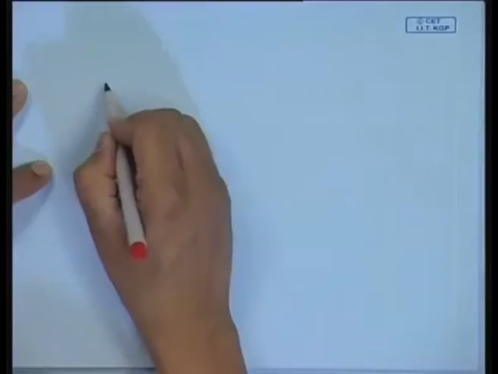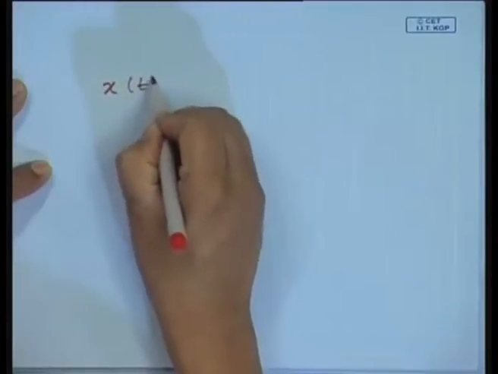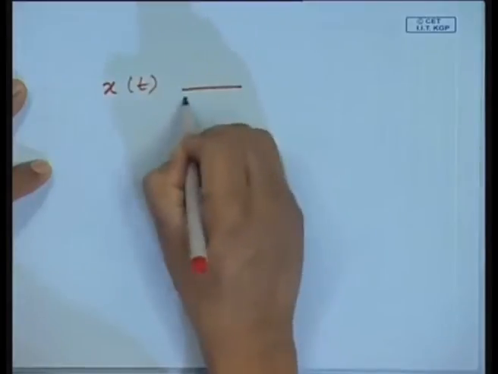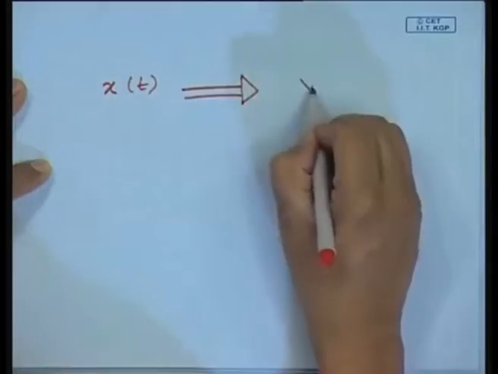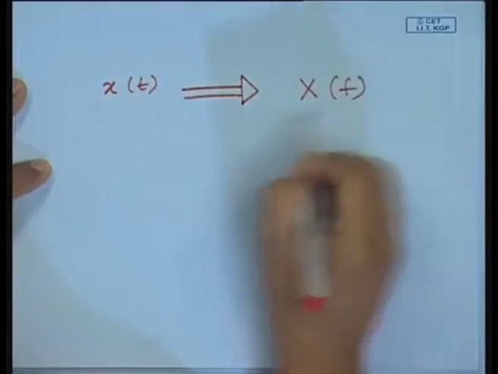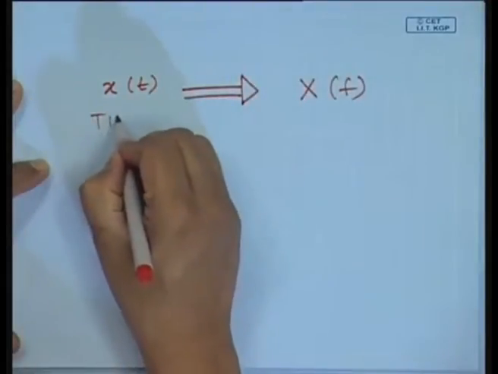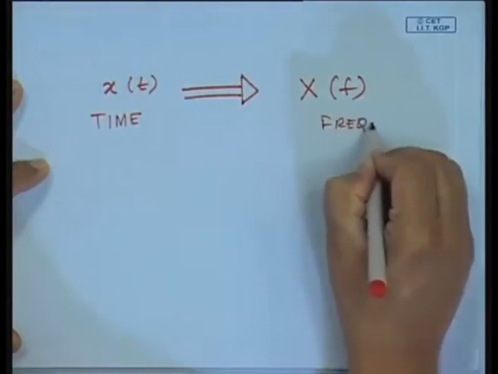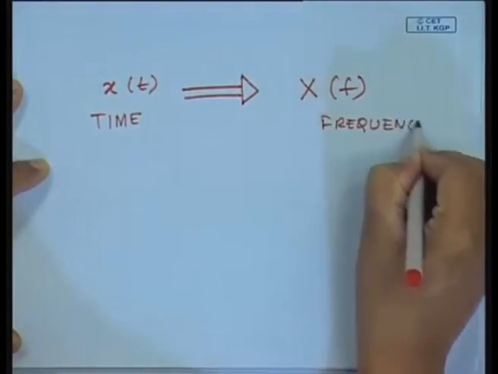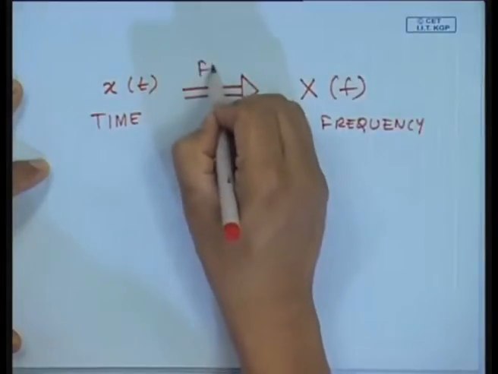So, if I were to now explain this in a block diagram, I will have, and I will get, okay, this is in time, this is in frequency, and this is the FFT process.